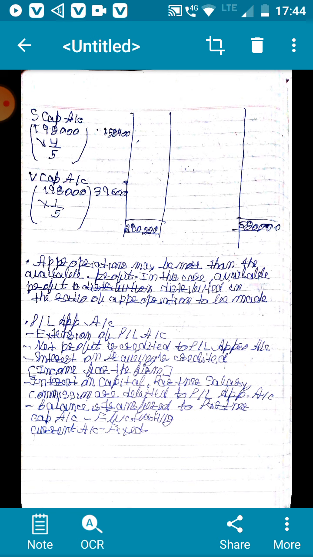Interest on capital, partner's salary and commission are debited to the profit and loss appropriation account. The balance is transferred to the partners' capital accounts. Partners have two types of capital account: fluctuating and fixed. Fixed means which cannot change, while fluctuating means which can change.